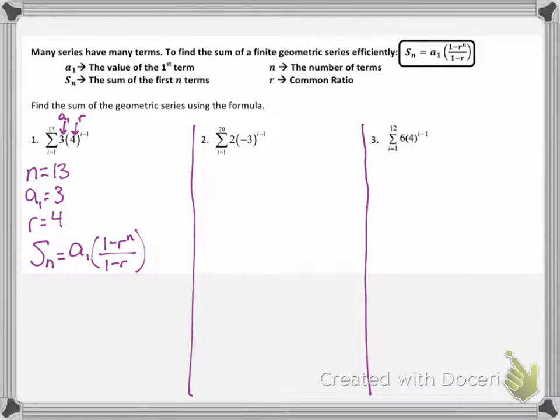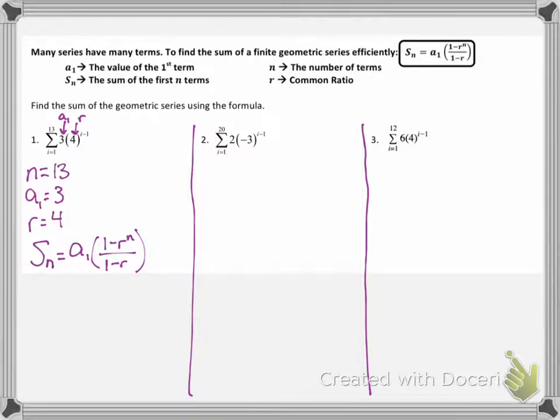I'm going to warn you, because we are doing geometric series, you are going to get some very, very big answers most of the time. Because once we start getting high up into powers, that means you start getting really big numbers. And if you add lots of really big numbers together, you get even bigger numbers. So just be aware, if you get 8, 9, 10-digit numbers, it doesn't mean you're doing it wrong. You'll see here in a minute.